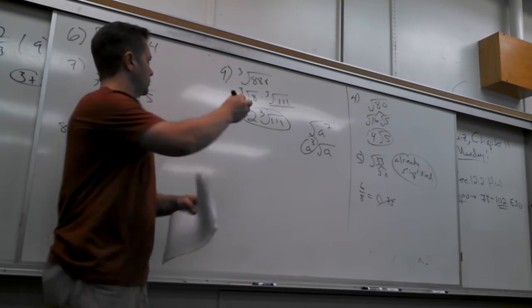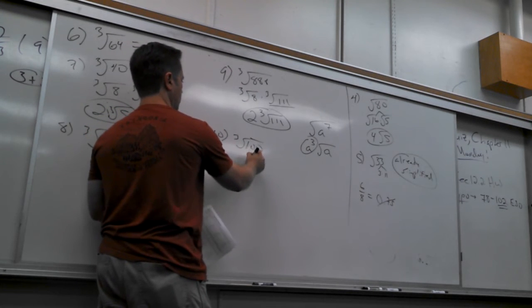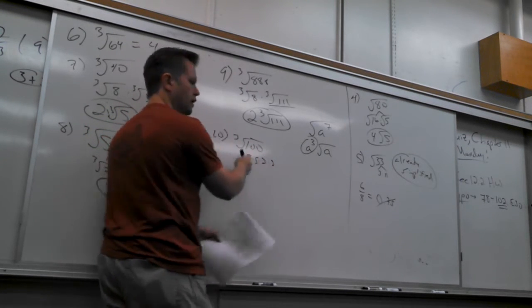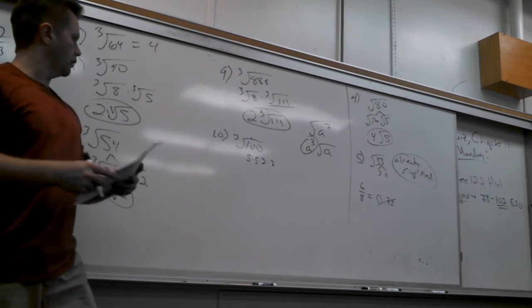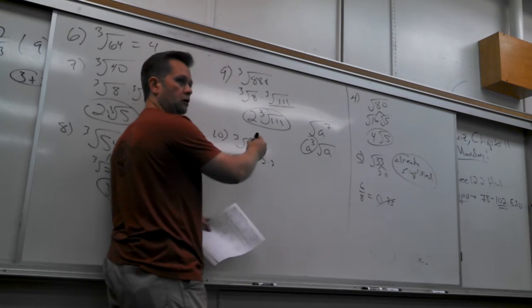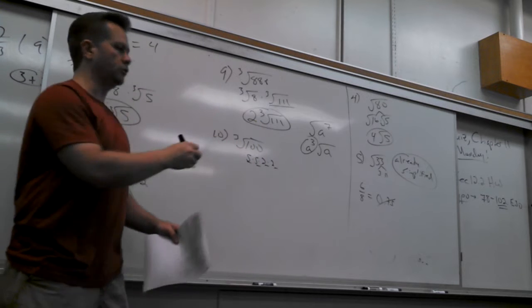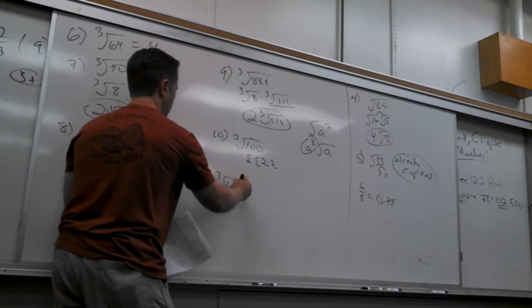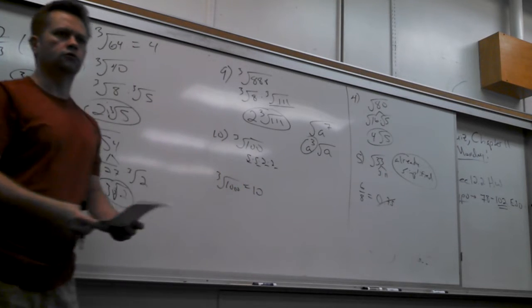And then number 10, what's up with number 10? This is 5 times 5 times 2 times 2. There's not 3 of anything. So it's already simplified. What's missing to make this happen is one more 0, because then there would be 3 10s. The cube root of 1,000 is 10, because it takes 3 10s to make 1,000.